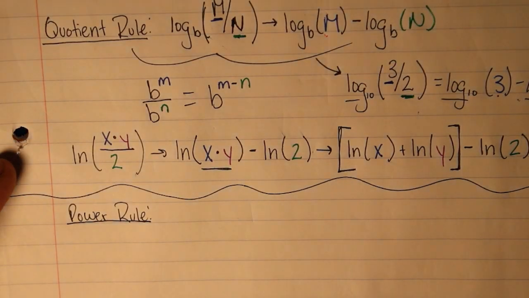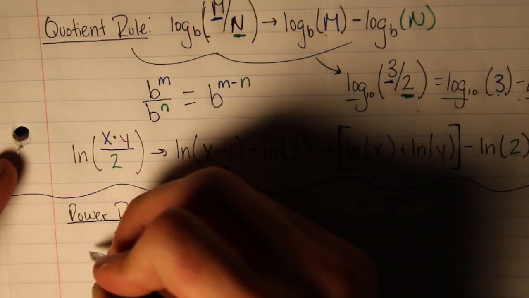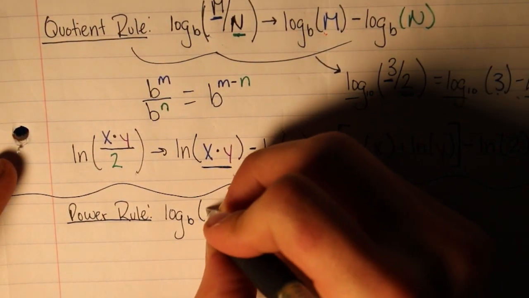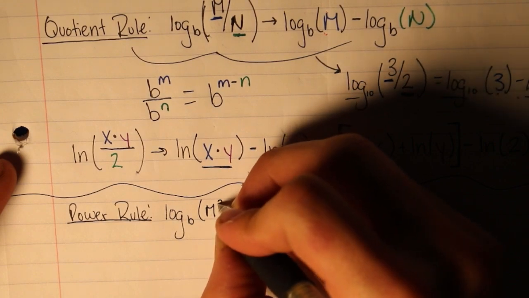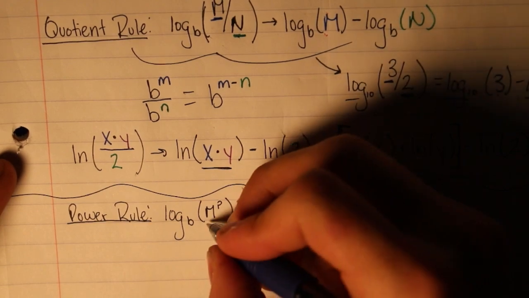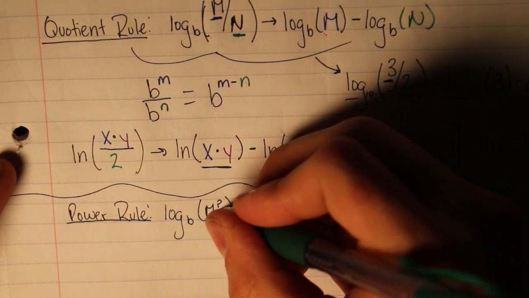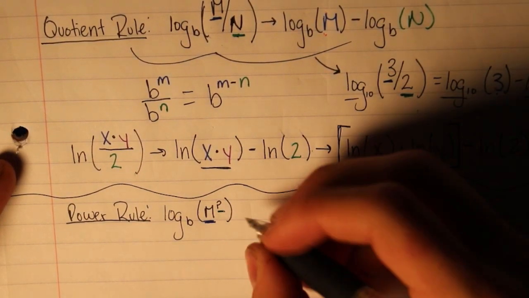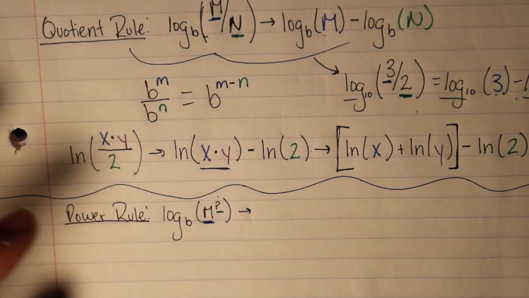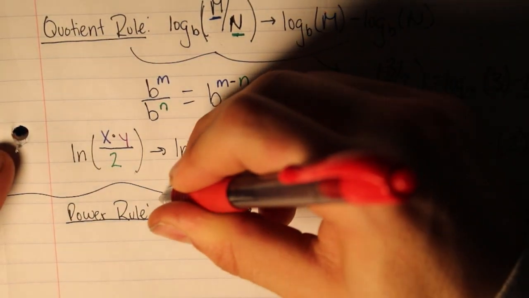In the power rule, what it states is if you have log base b of m to the p power, where m is blue and p is green, we can separate that where we take the exponent and shift it all the way to the front.